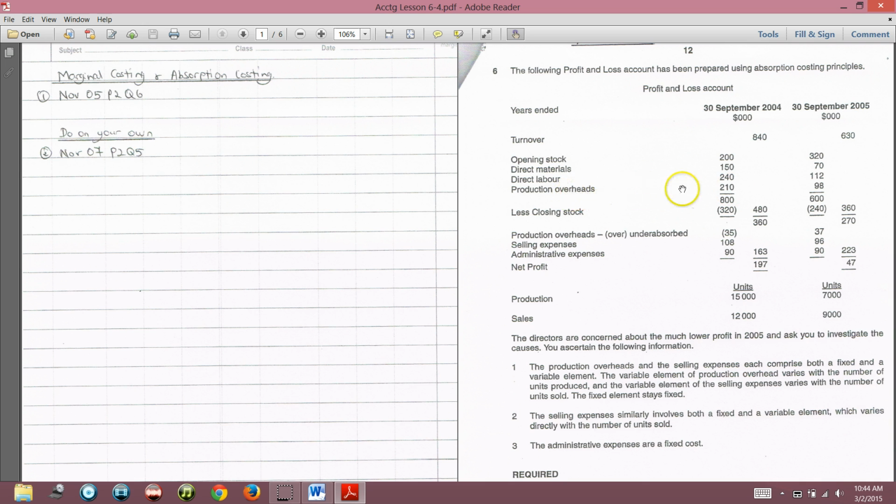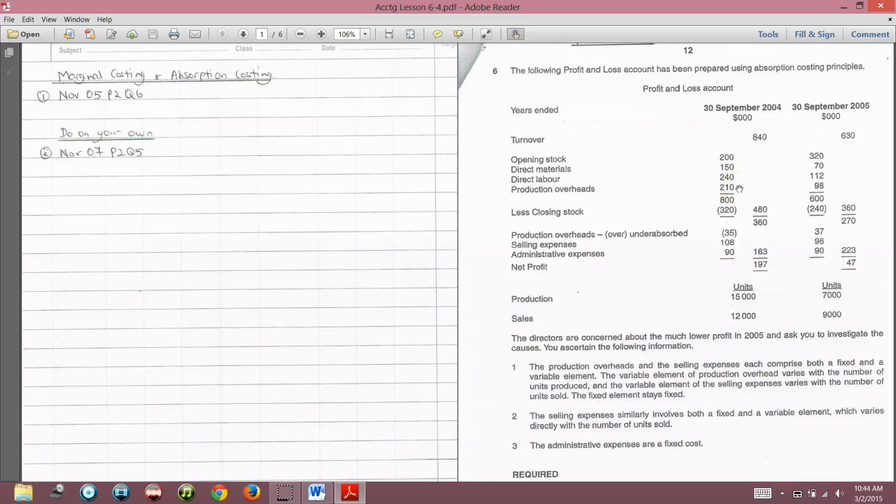So in all the monthly profit and loss account, we will obtain this production overhead by taking our overhead absorption rate times the actual machine hours as production progresses.